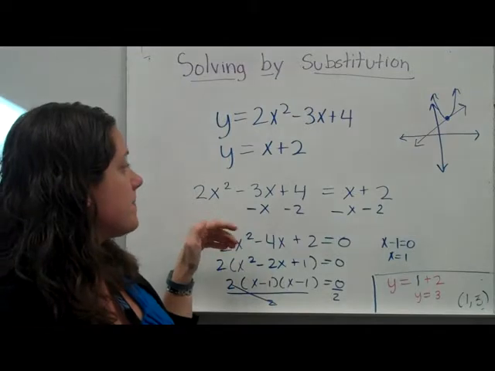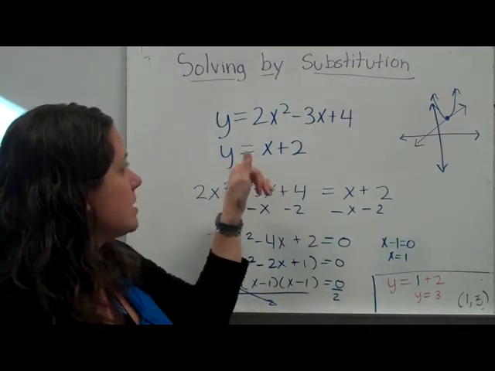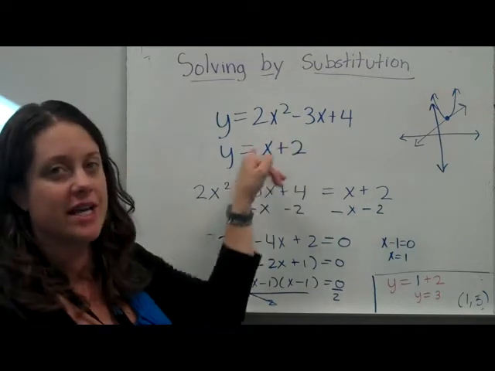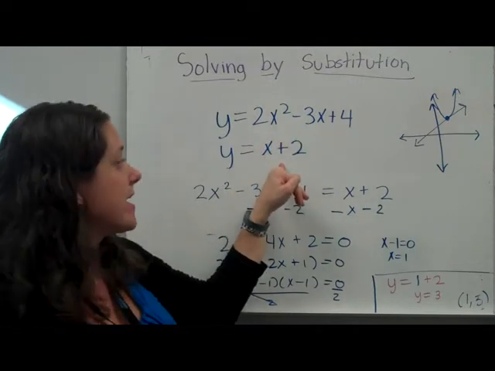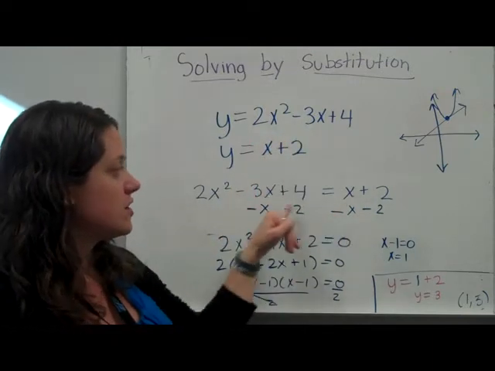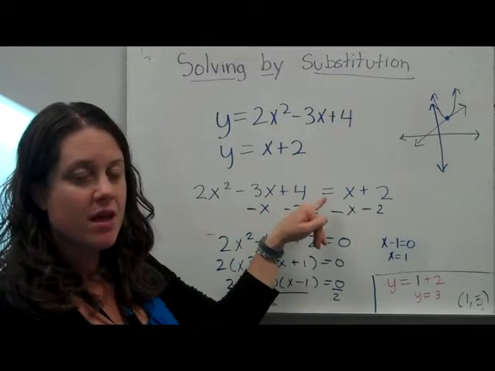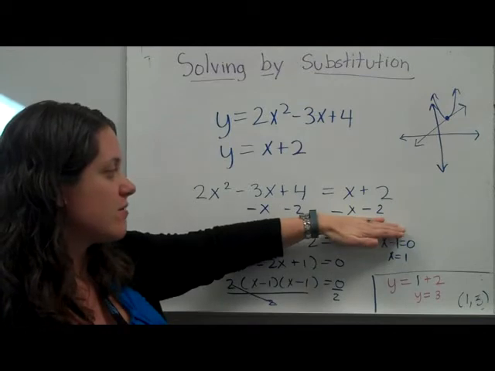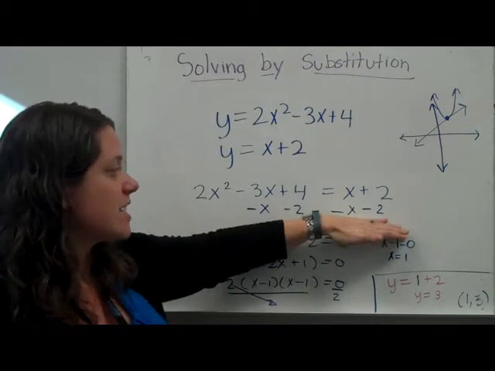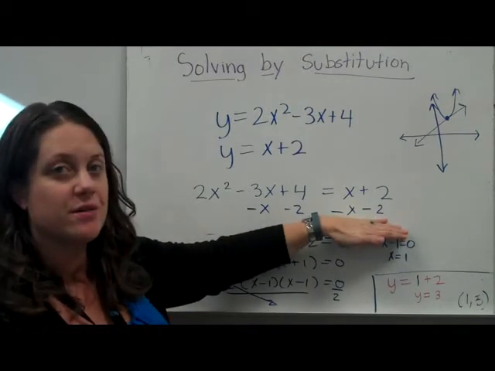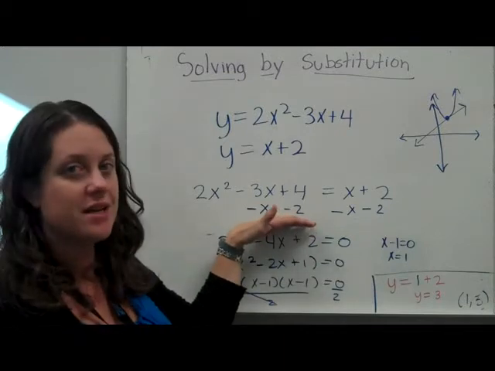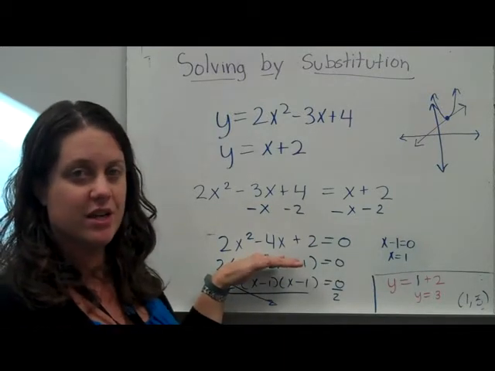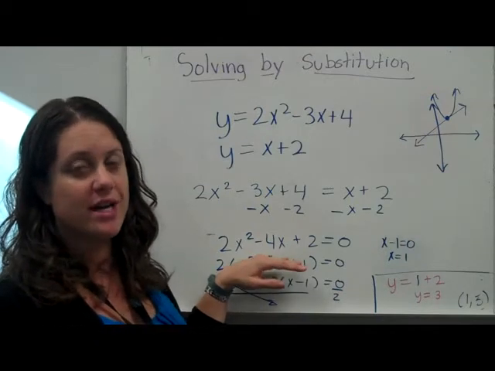If I'm solving by substitution, since these are both solved for y, I have y equals a quadratic and y equals a linear, so I could just substitute them, in other words, set them equal to each other. Then I subtract x and 2 from this side and from the other side. So now I'm just solving, and it looks like one singular quadratic equation.